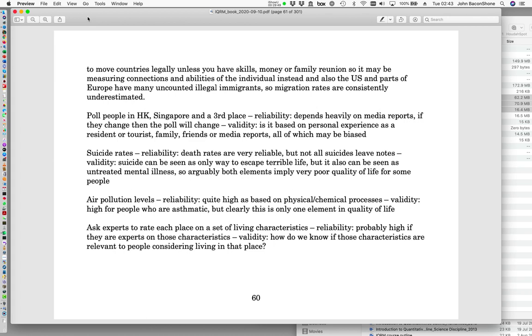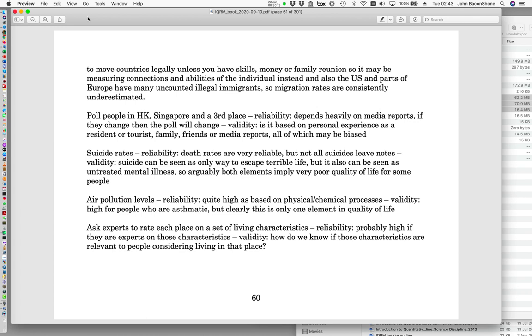What about the validity? Well, the issue here is who gets to choose which characteristics. So most of these indexes which say, city so-and-so is so wonderful or so terrible, actually are a bit problematic in the sense that it's just one person who got to decide the importance of all the characteristics.